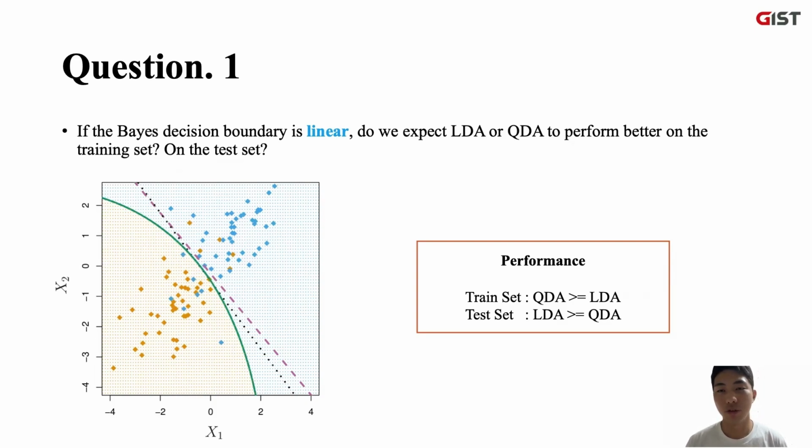This is because QDA is a much more flexible model than LDA. With this ability to create curves, QDA can bend and wiggle its decision boundary to fit the individual training data points almost perfectly. Therefore, if we only look at the accuracy on the training data, the more flexible QDA will easily outperform LDA. However, it's a different story for the test set.